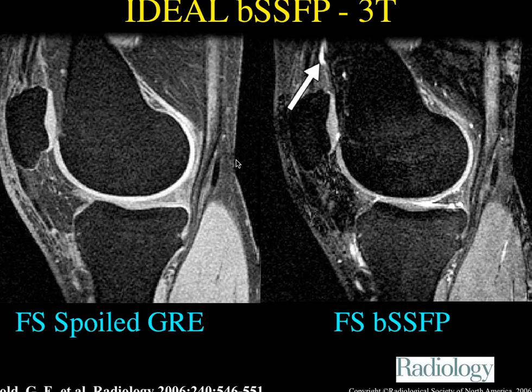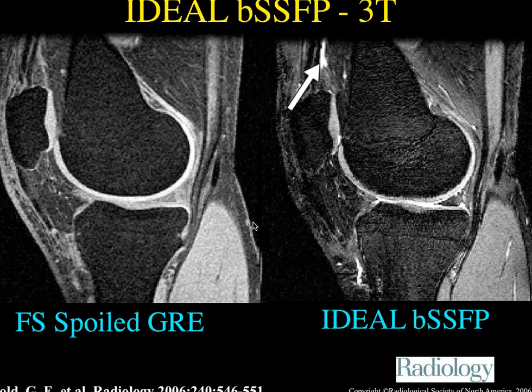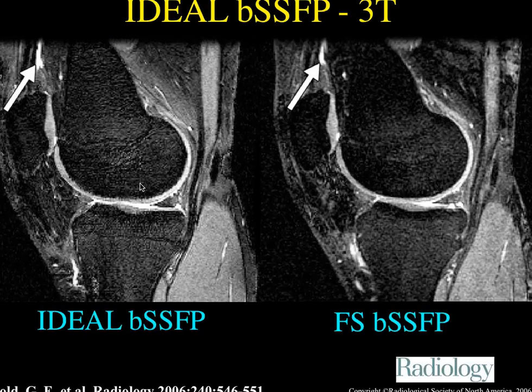So you can see here the three different contrasts: fat suppressed gradient echo, a fat suppressed steady state technique, and here would be the IDEAL technique. And the thing is, with IDEAL, you tend to get bright fluid where you don't in a spoiled gradient echo.